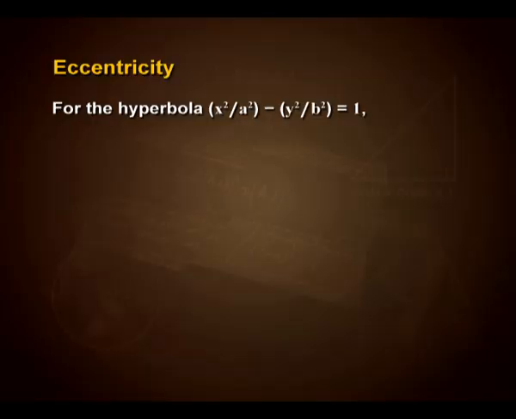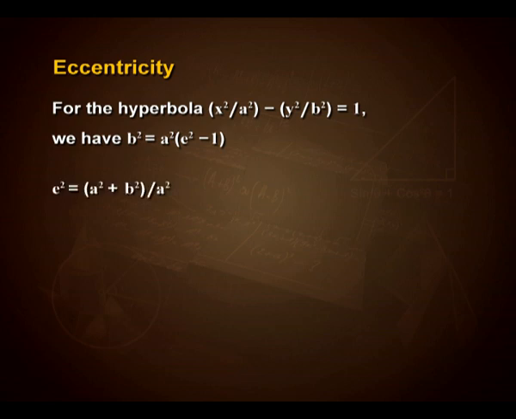Let us look into the eccentricity. For the hyperbola x square upon a square minus y square upon b square is equal to 1, we have b square is equal to a square into e square minus 1, that can be expressed as e square is equal to a square plus b square upon a square, that can again be simplified as 1 plus b square upon a square.